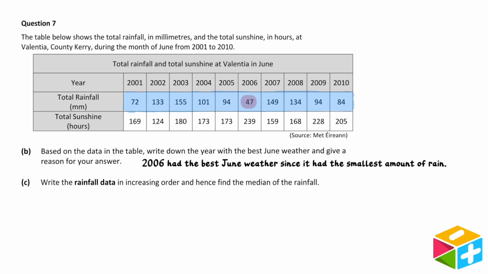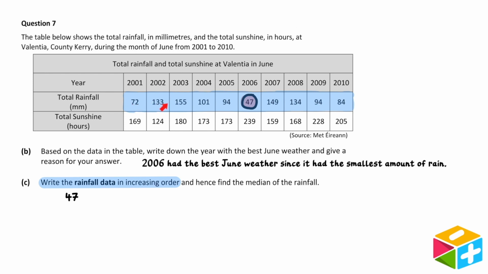In part C, our first task is to write the rainfall data in increasing order. In other words, from smallest to largest. Well, in part B, we observed that 47 was the smallest value in our rainfall data. So let's start with this.